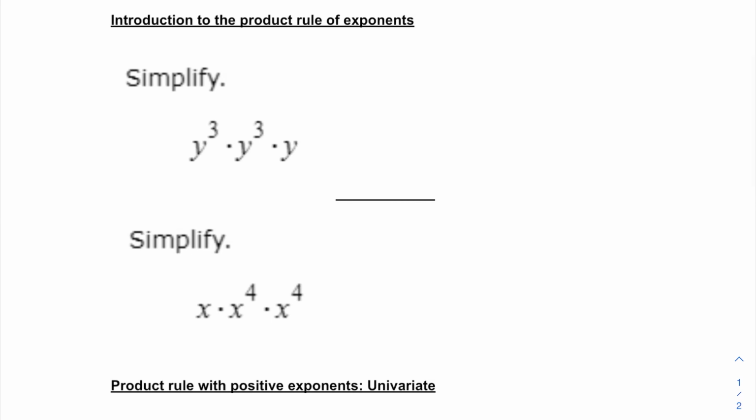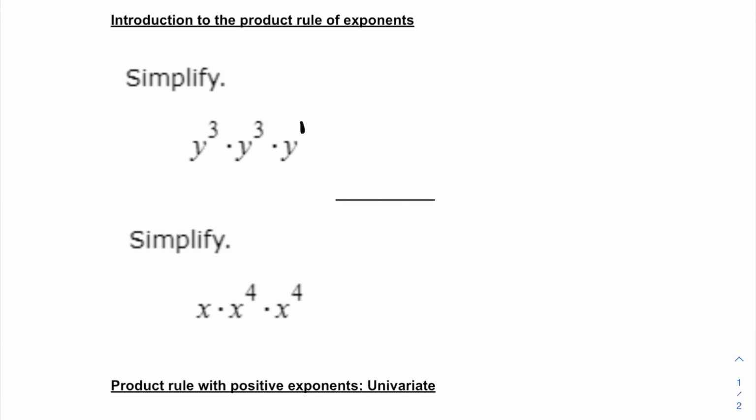Moving on. We have the same base in general, and our bases are just y's in this one. And we have exponents. My question to you is, what is the exponent on this one? Think about that for a second.